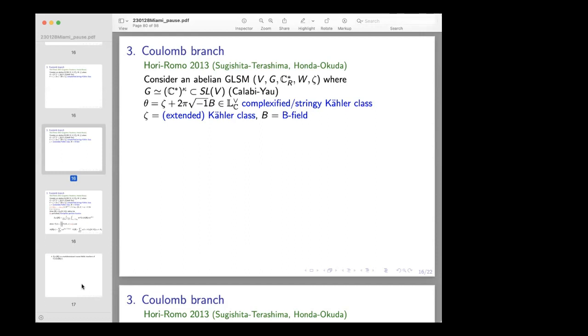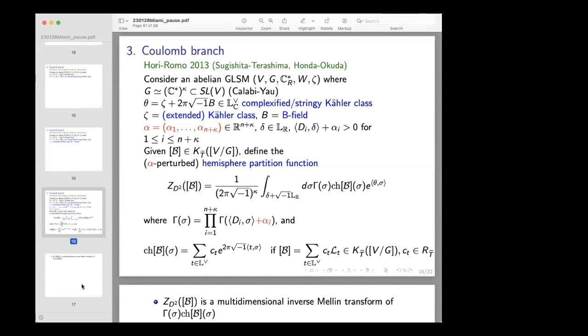So here LC is a notation for the dual of the Lie algebra of the gauge group G. In this page, M plus kappa, capital N, is the dimension of V. Given a T-equivariant K-series class on the quotient by G, we define this hemisphere partition function as follows.